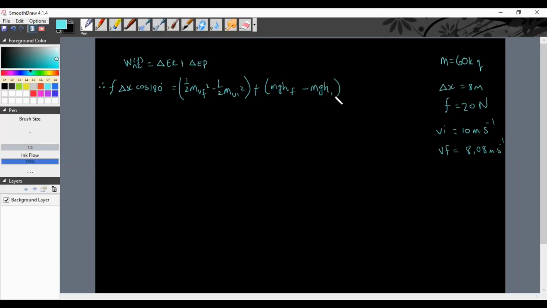Okay, I've expanded. I know where I'm going. My frictional force was given by 20, so I'm going to sub in 20 for the force of friction. Delta x was 8 meters.